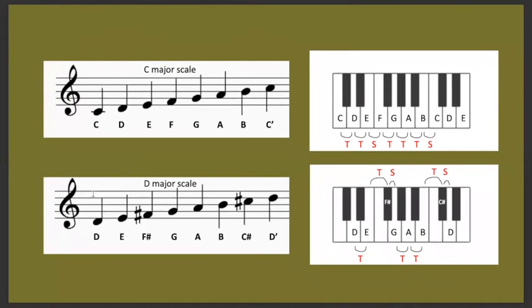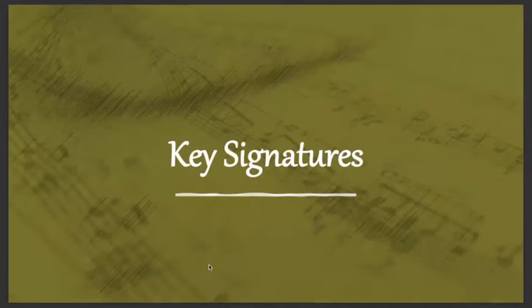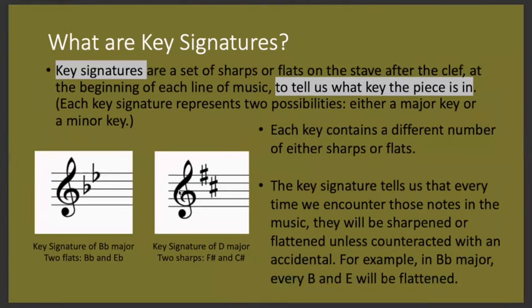So if we go back here, notice how the only accidentals in the scale are F sharp and C sharp. And we found out that this was a scale by the tones and semitones and the order that they come in. And the equivalent or corresponding key signature is this.